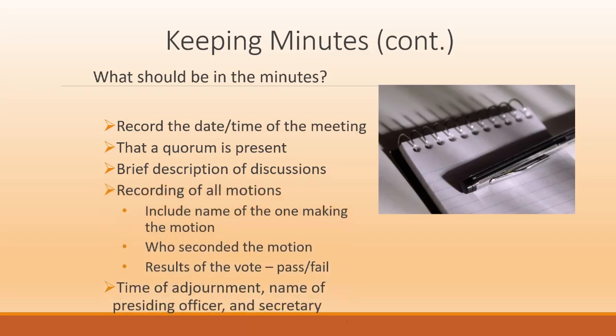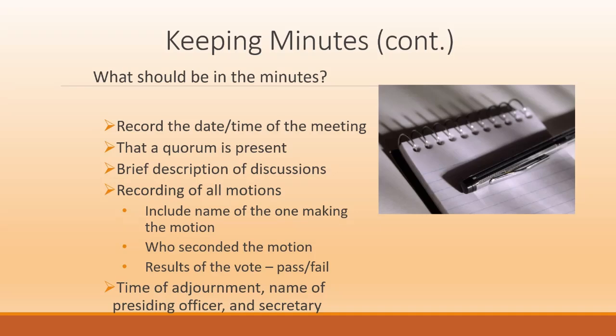Then you will want to have a record of all motions. Here you would need to include the name of the person who made the motion. You would want to include the person who seconded the motion, put their name in the minutes, and then the result of the vote. Record that the motion either passed or failed, nothing more.